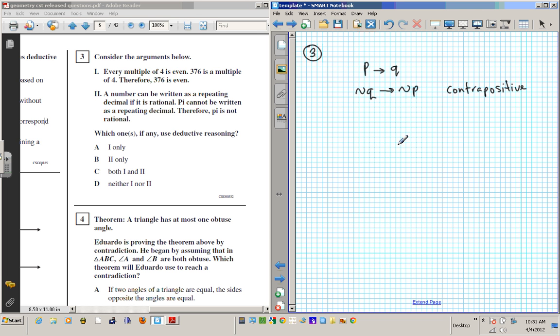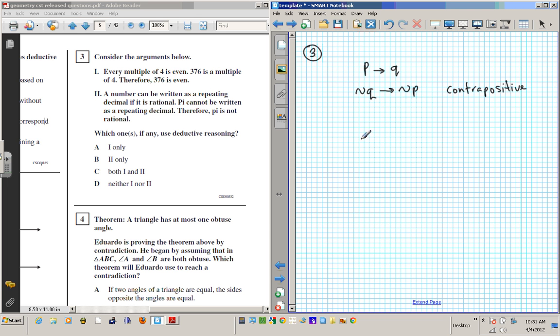Alright, so let's look at the first one. I'm sorry, it said every multiple of 4 is even. 376 is a multiple of 4. Therefore, 376 is even.